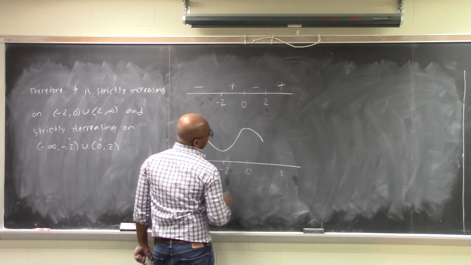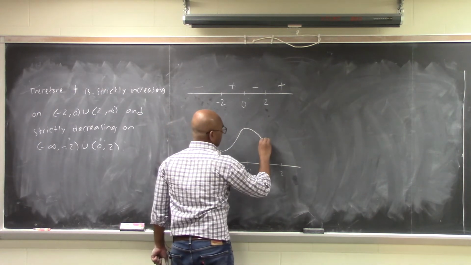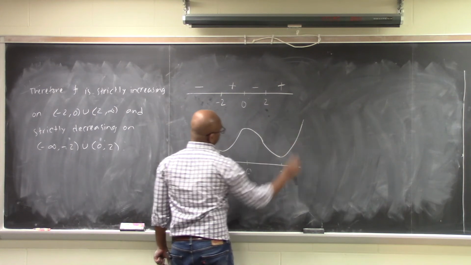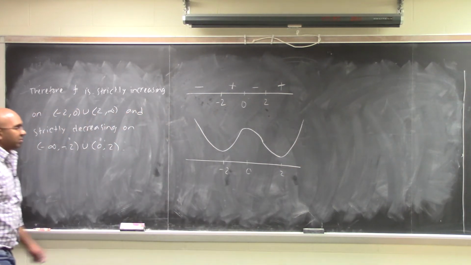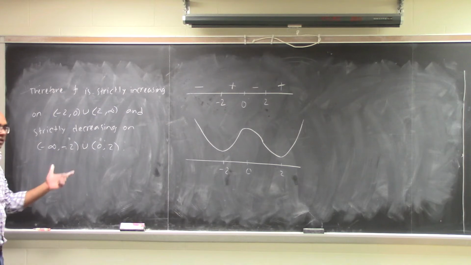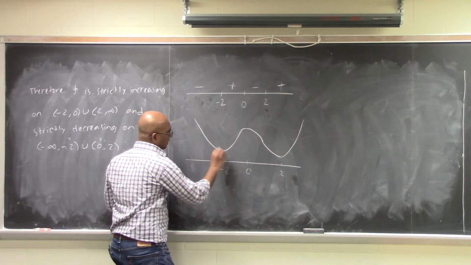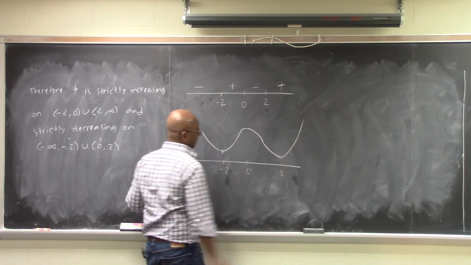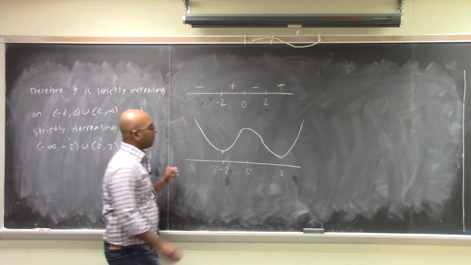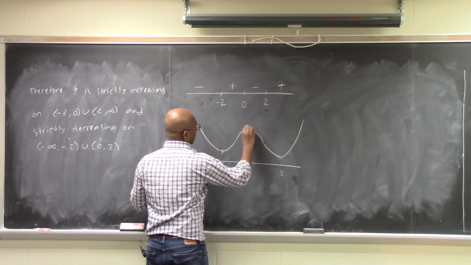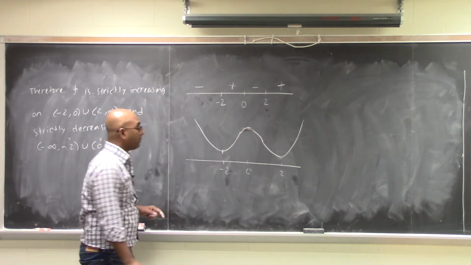Okay, and then it decreases up to 2, and after 2, it increases again. This is a schematic diagram of this. So notice what happens. It has a local minimum here and a local minimum there, right? And it has a local maximum. Actually, this picture should be a little bit better than this. A local minimum over there, a local maximum over there.